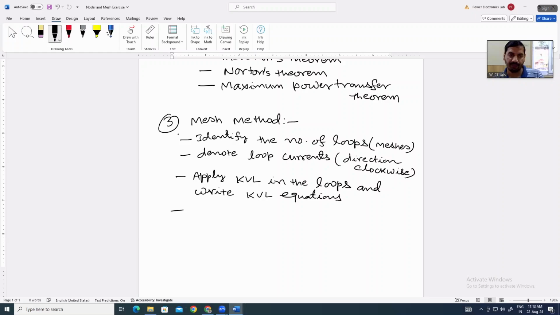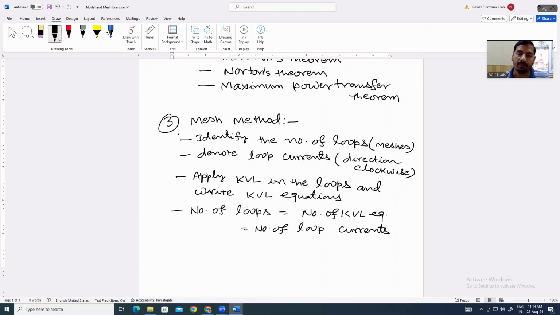So the number of loops will be equal to the number of KVL equations, and that is equal to the number of loop currents. By solving the KVL equations, we can identify the value of the individual loop currents. Clear?